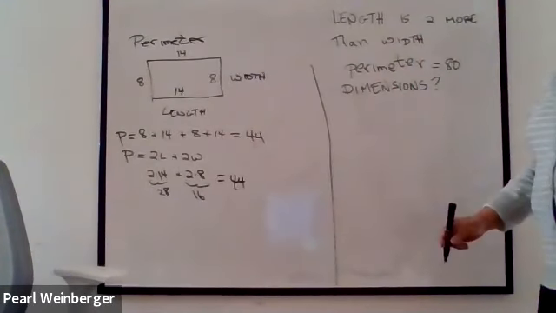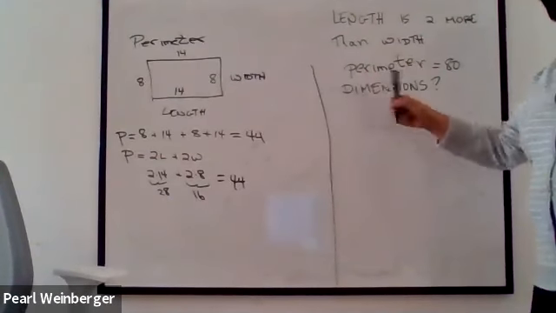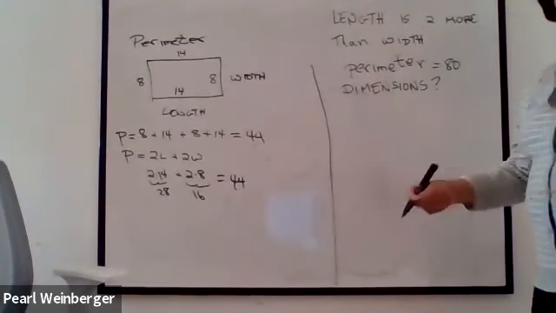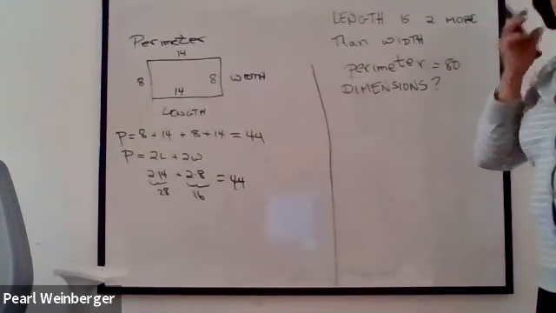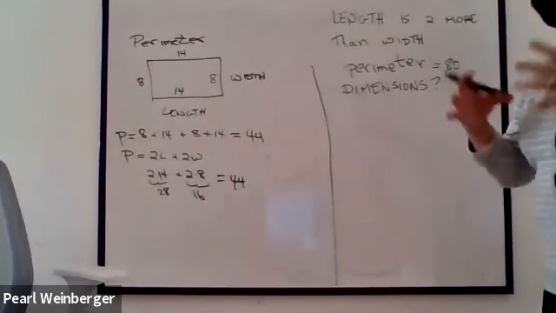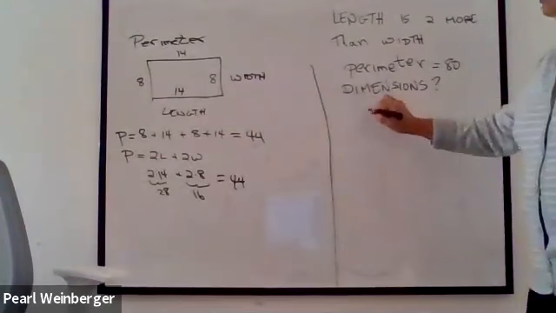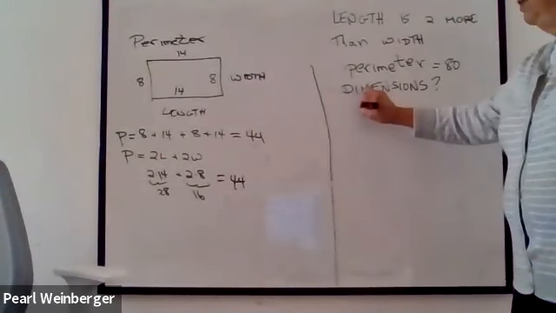And I want to know the dimensions. When we use the term dimensions, we want to know both the length and the width. The dimensions is a generic term for both length and width. And we can solve this by setting up an equation.